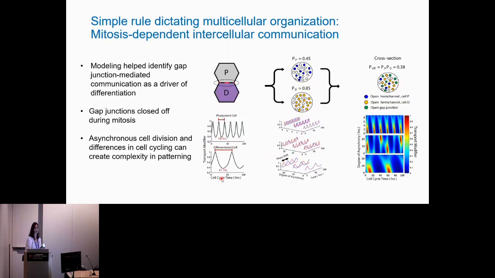So what can you do with this information? Well, you can think about two neighboring adjacent cells. You can have two pluripotent cells. We know stem cells divide rapidly, which means they're opening and shutting those modes of communication more frequently. Or you can have the slower, more mature OCT4 negative cells that are cycling less frequently, and they're going to have their channels potentially open longer if their neighboring cell is also differentiated.